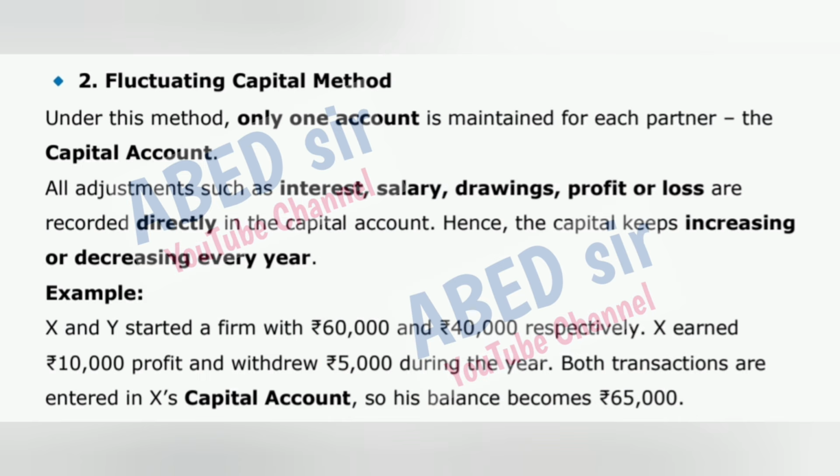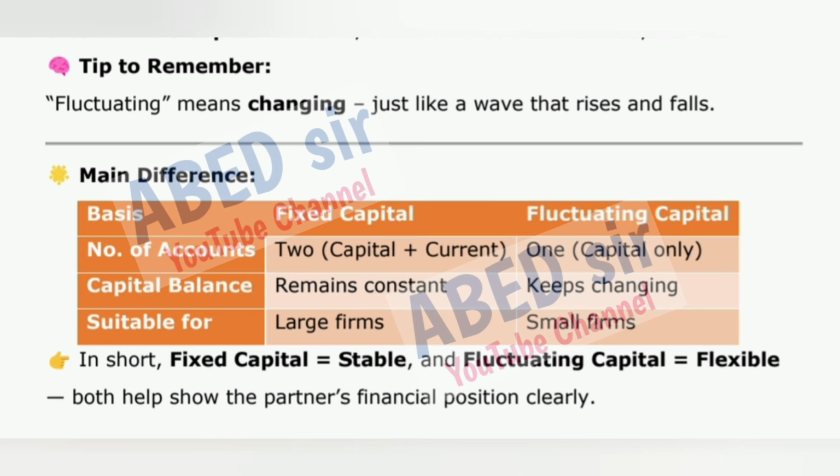Example: X and Y started a firm with 60,000 rupees and 40,000 rupees respectively. X earned 10,000 rupees profit and withdrew 5,000 rupees during the year. Both transactions are entered in X's capital account, so his balance becomes 65,000 rupees. Tip to remember: fluctuating means changing, just like a wave that rises and falls.